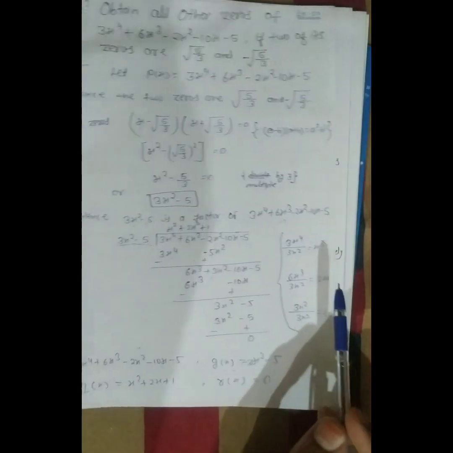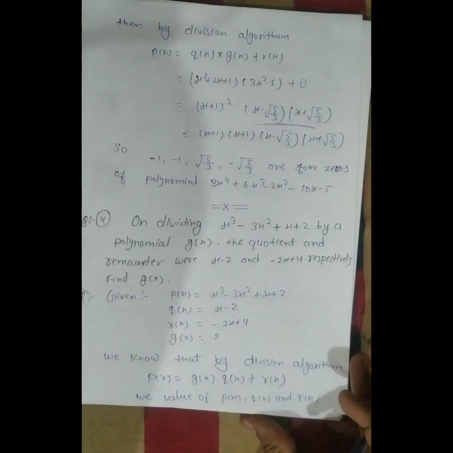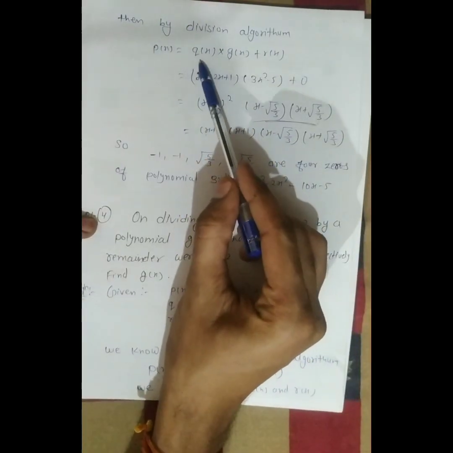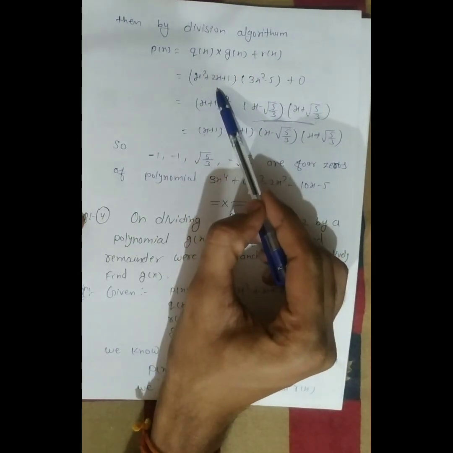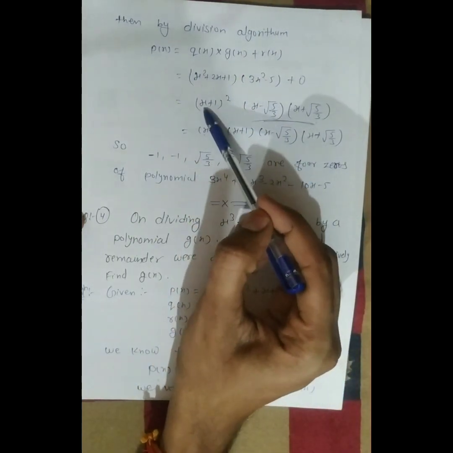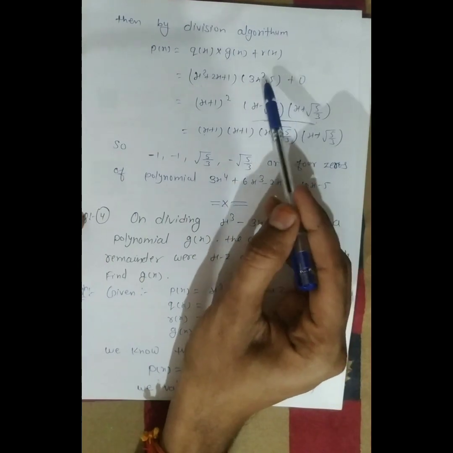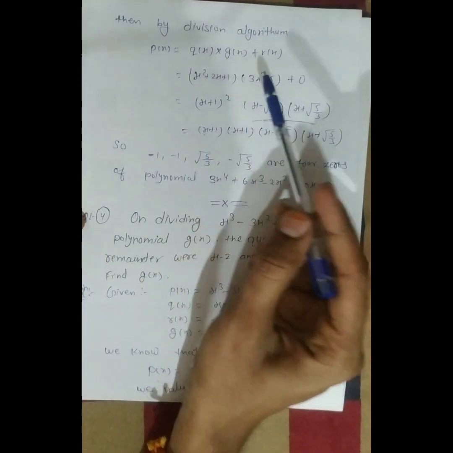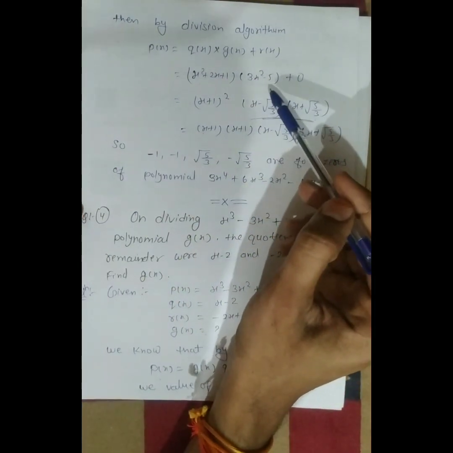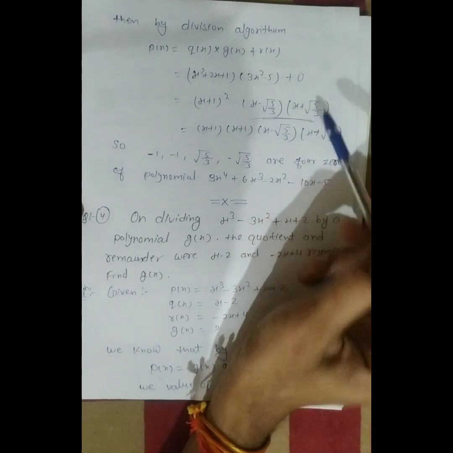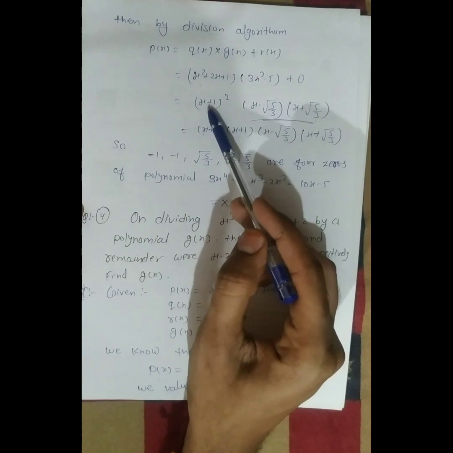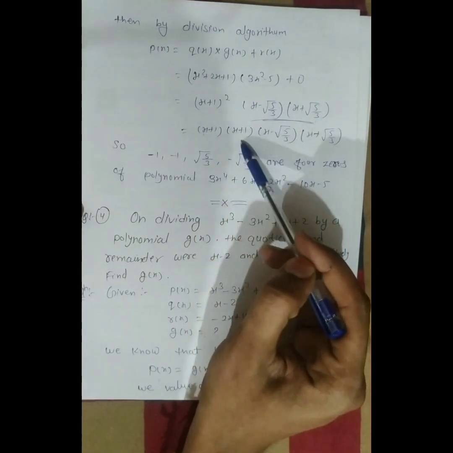So by using the division algorithm, p(x) = q(x) times g(x) + r(x). We put in all these values, and this is (x + 1)^2, and these are the factors we arranged on the previous page: (x - √(5/3)) and (x + √(5/3)). So (x + 1)^2 is (x + 1) and (x + 1).